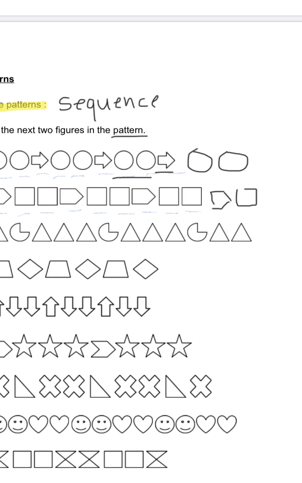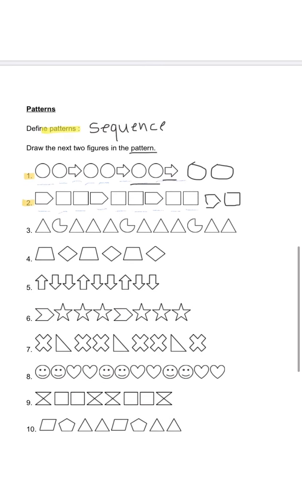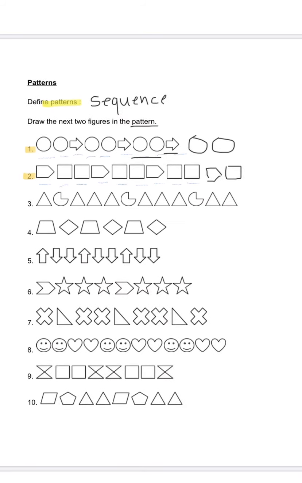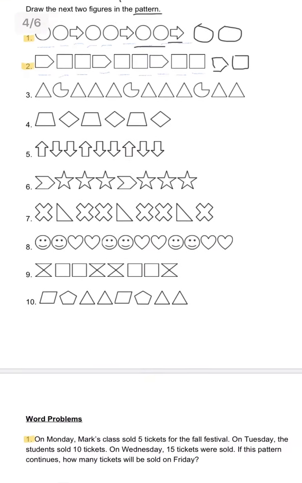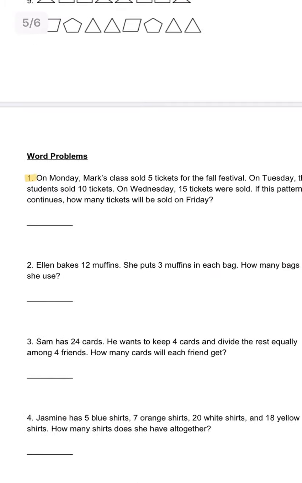A square, right? Do you guys kind of get it? Well, I'm assuming you guys said yes. And go ahead and pause the video. Finish this page. And then let's move on to the word problems.